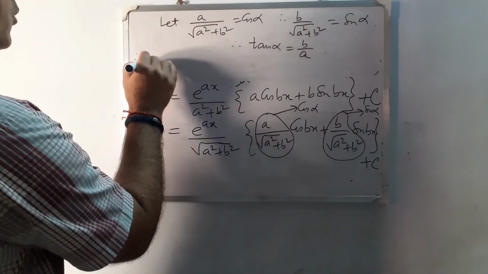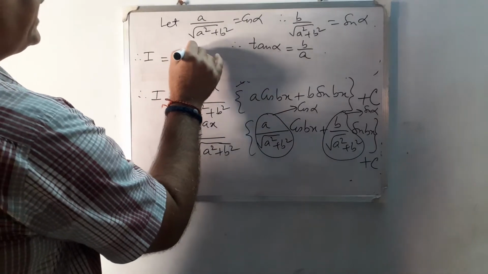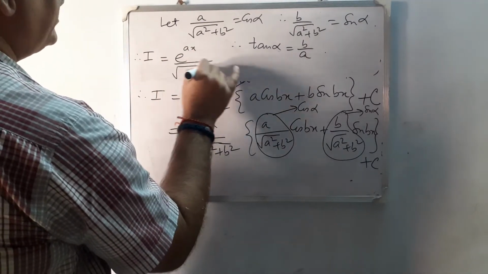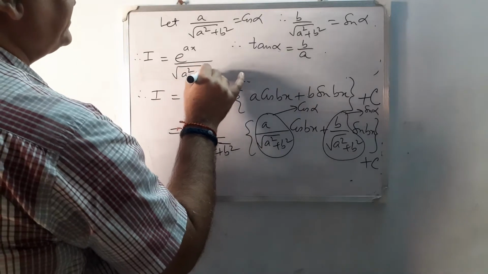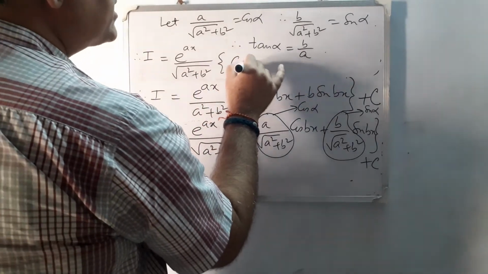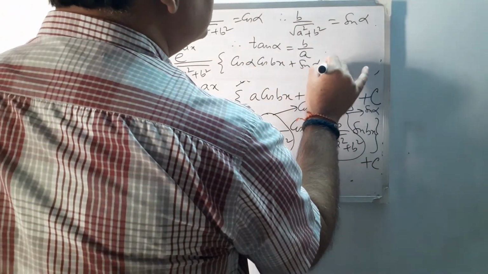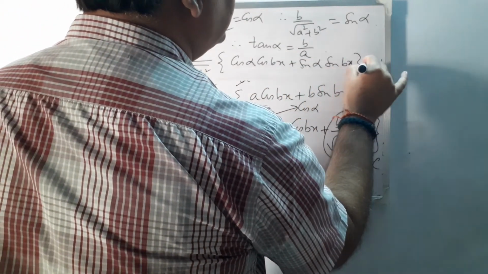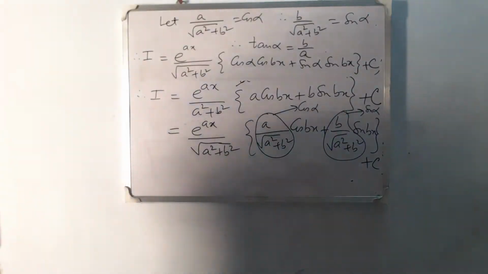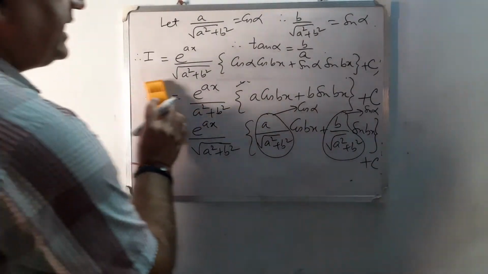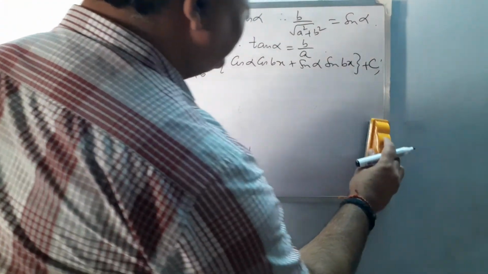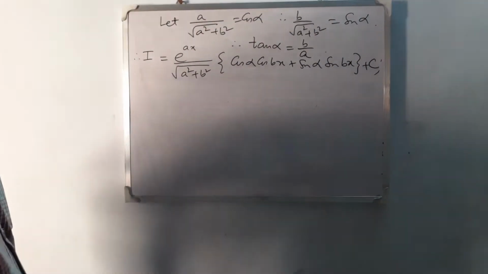Therefore, I is equal to e power ax root (a square plus b square) in the curly bracket, cos alpha cos bx plus sin alpha sin bx, and then plus c. This result you will get by taking this one as cos alpha and that one as sin alpha.